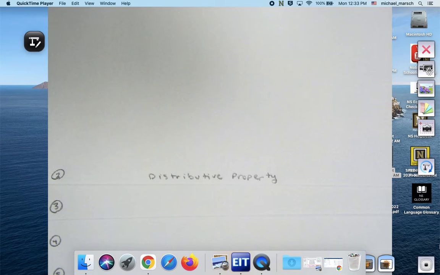Still just using our regular pencil. You'll know when to use red because I will use red. Okay, just wait 1 second and you'll be able to see it in a second.